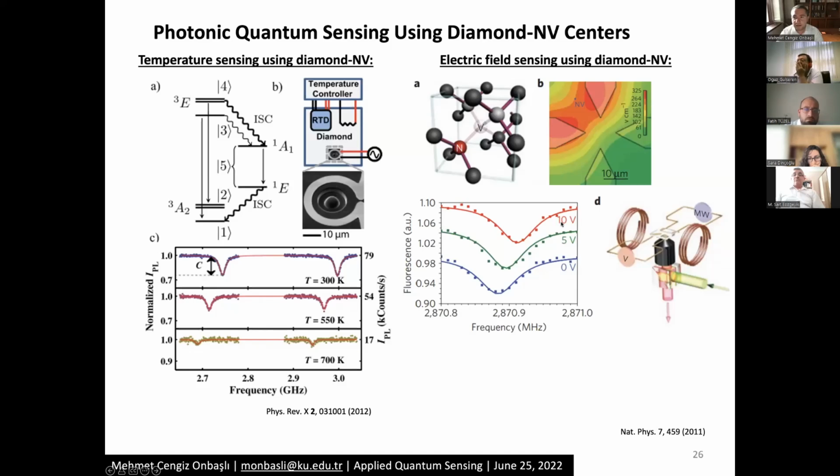And applying external voltage can also shift these optically detected magnetic resonance peaks. So these dips are called ODMR peaks, which is short for optically detected magnetic resonances.